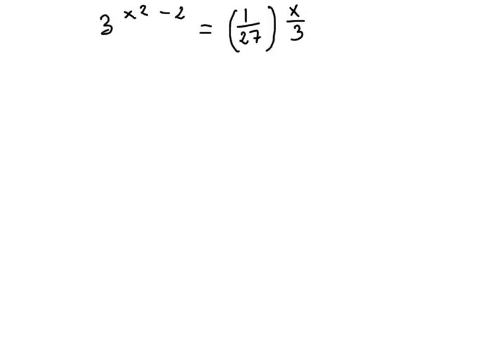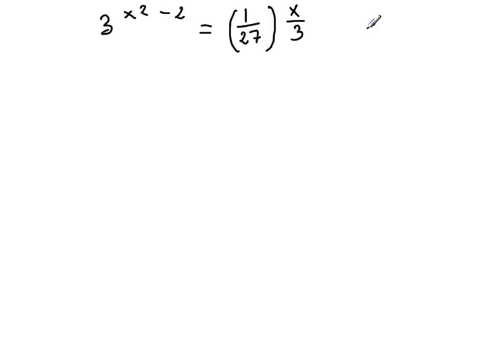So we need to be able to combine these two sides or find a way of equating left-hand side with right-hand side that is beneficial to this equation. So the base on the left-hand side is 3, and 1 over 27 we can think of converting it into a power of 3.